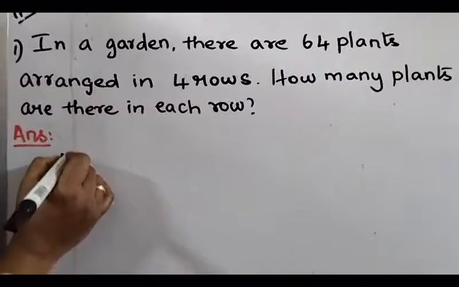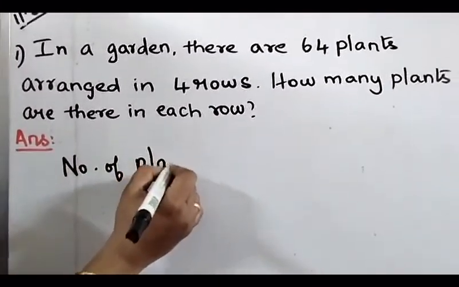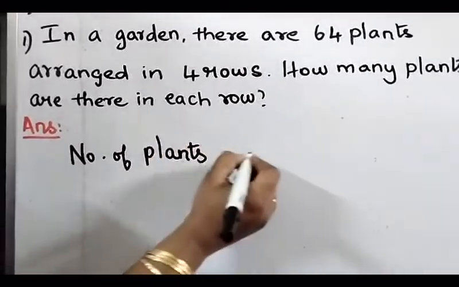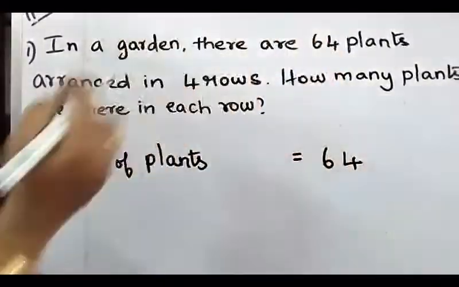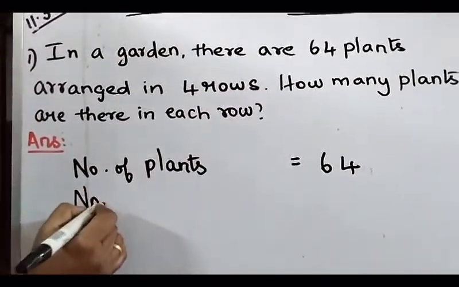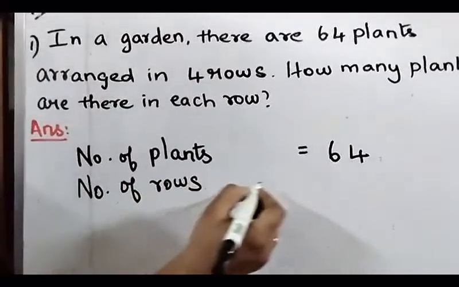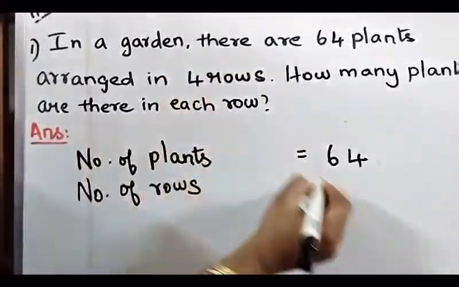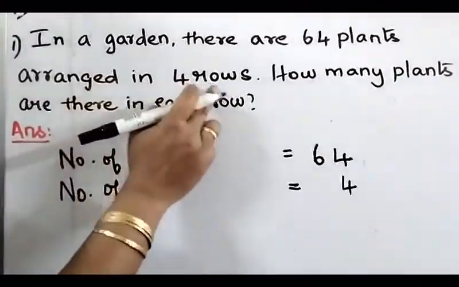So first write number of plants. எவ்வளோ பிளான்ட்ஸ்மா? 64, இல்லையா? 64 plants. So number of rows. How many rows? 4 rows, isn't it? So 64 plants arranged in 4 rows, isn't it?